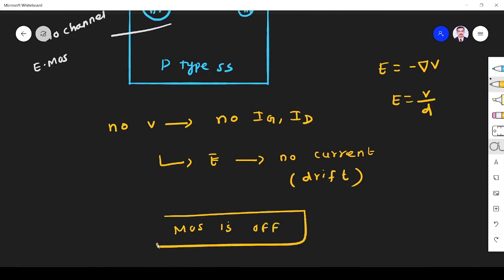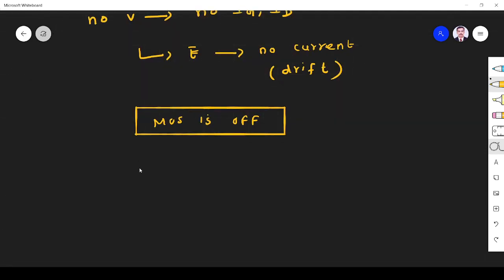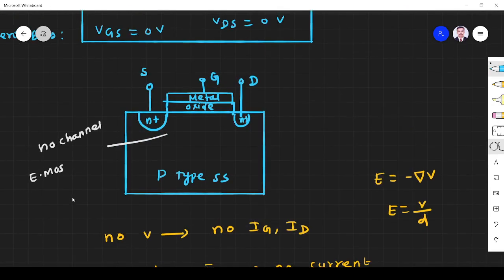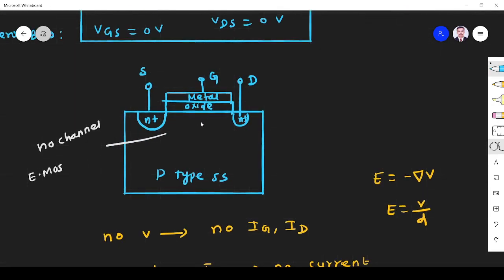So this is the first condition. For the second condition, we maintain VGS at 0 volt and VDS is greater than 0. Before that, I have to mention one point. Under zero bias condition, the source and drain terminals are separated by the P region.